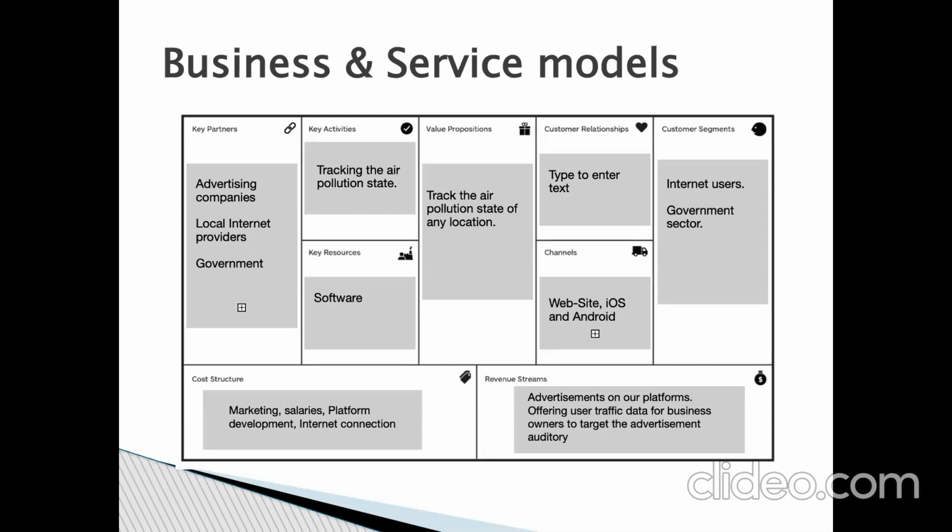Our customer segments are internet users and the government sector. They're not going to pay any amount of money, but they will be investing their time into our platforms, and as a result, they will watch some advertisements, and the local business owners are going to pay us for the advertisements. Next one.